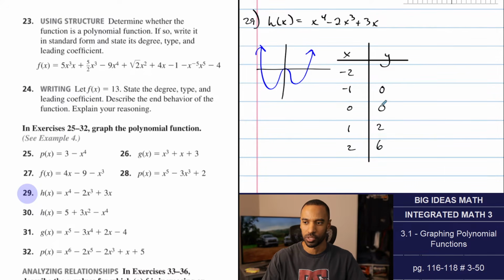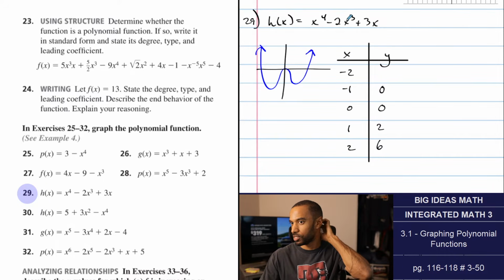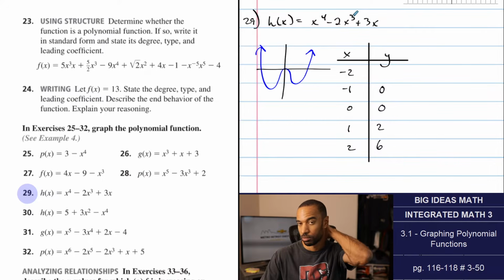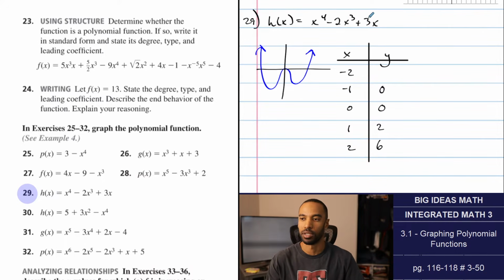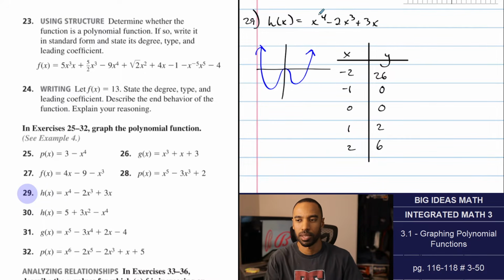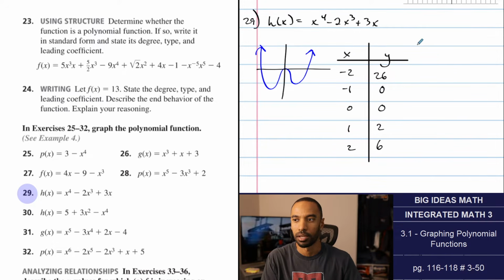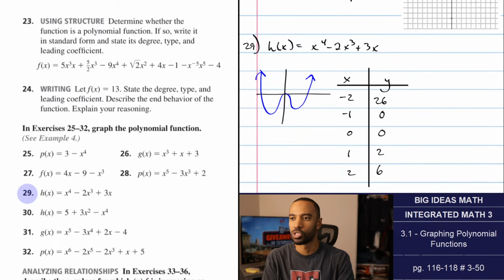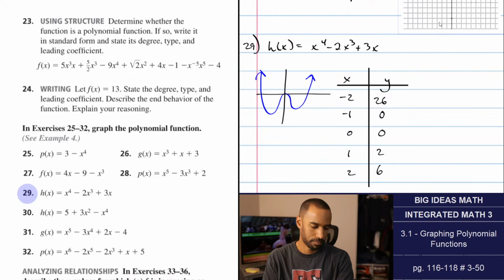Interesting. And then negative 2 to the fourth is 16. Plus 16 is 32. Minus 6 is 26. Did I say that right? 16 plus 16, yeah, minus 6, 26. Okay. So this one is interesting, right?